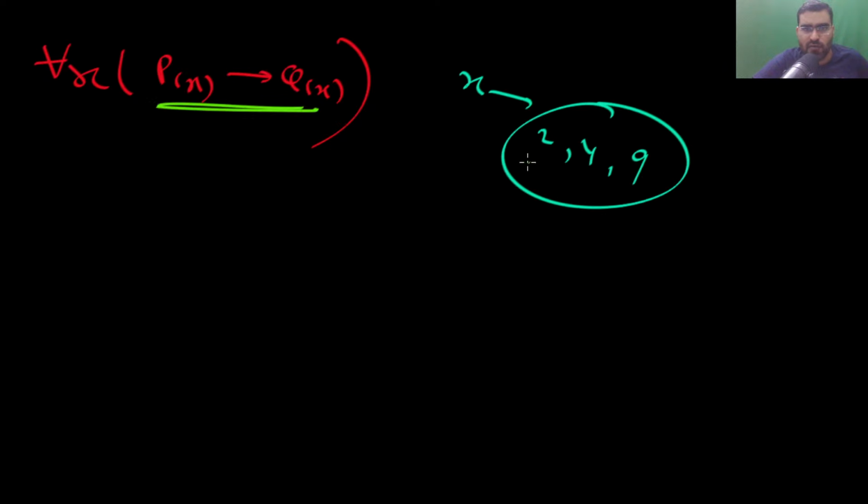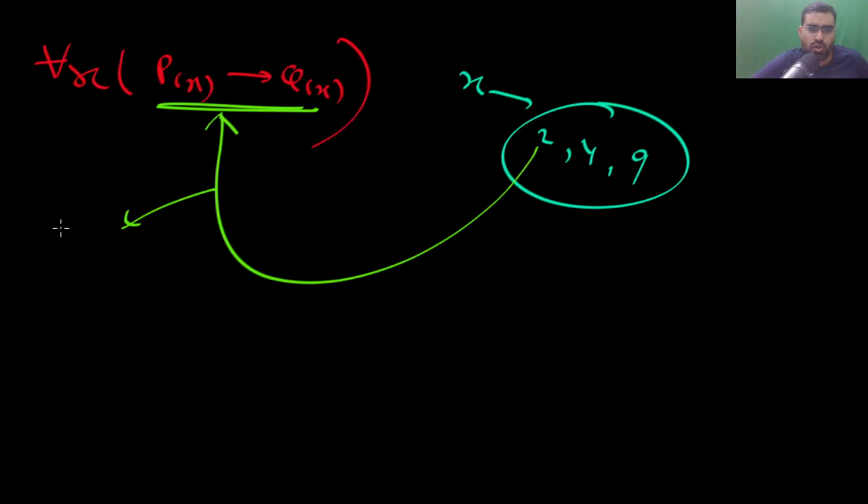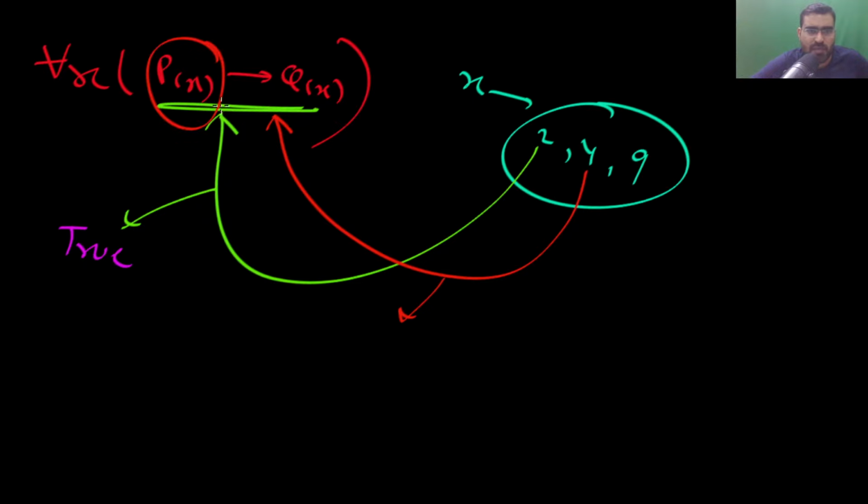Now for every element, you are going to check this. Please understand. For this element, what will this be? Let me know. For 2, if you place 2 here, P(2) implies Q(2). Remember, P(2) means 2 is prime, Q(2) means 2 is even. Yes, both are true, so for this 2, this will be true. What about this 4? 4 is prime, that is false.